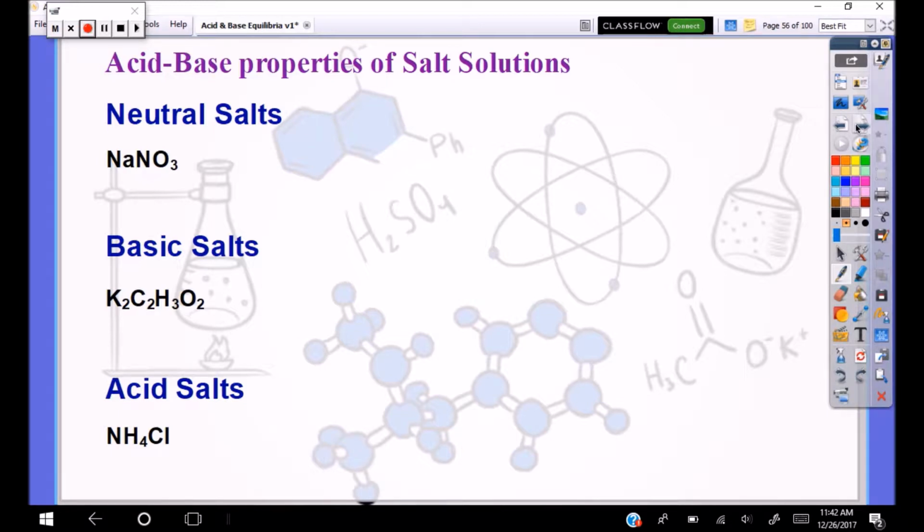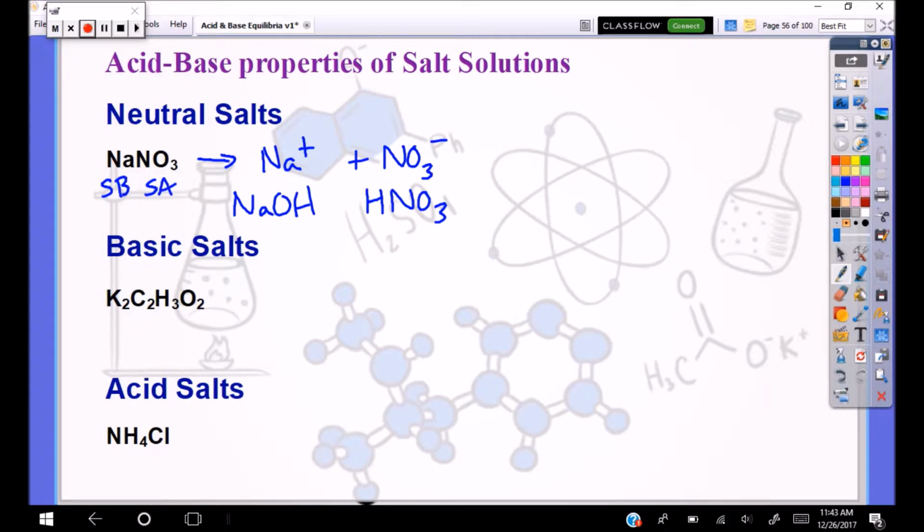So for neutral salts, my example here is sodium nitrate. If we think about where those ions came from, we're really looking at Na+ and NO3-. Well, if we have Na+ and NO3-, we can reason that these came from nitric acid and sodium hydroxide, which are both strong acid and strong base.